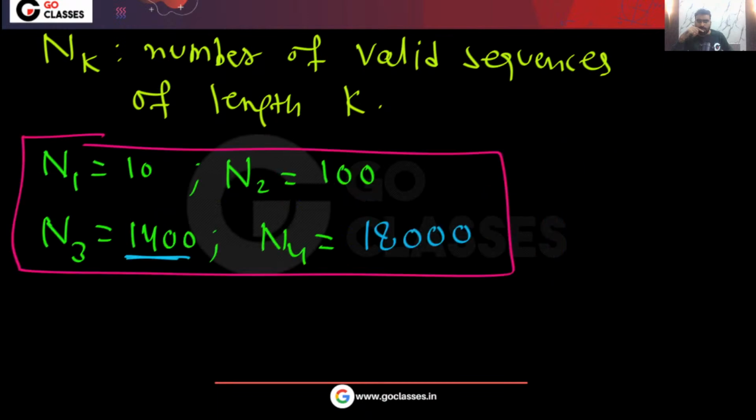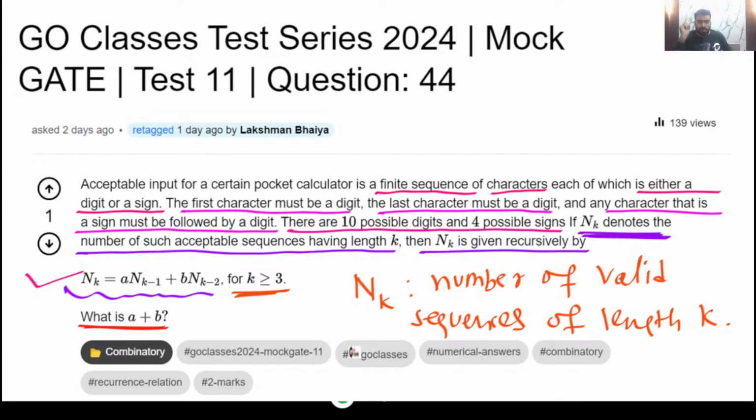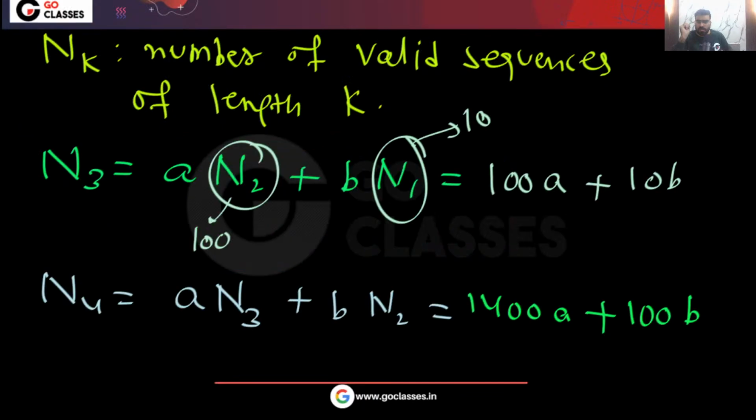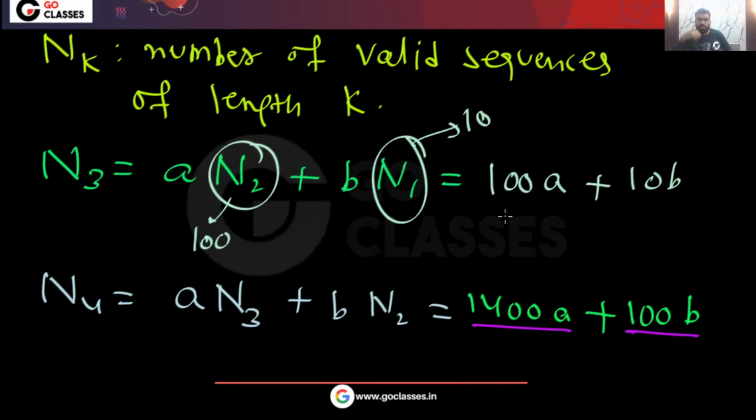Okay. So n4 is 18,000. So the n4, that is a n3 plus b n2. N2 is 100, 100b. And here the equation is also correct, right? So where is the mistake?